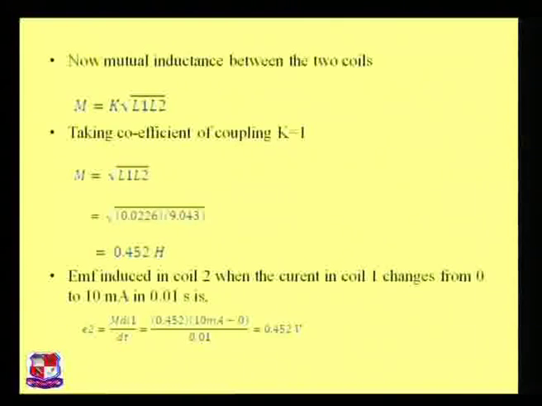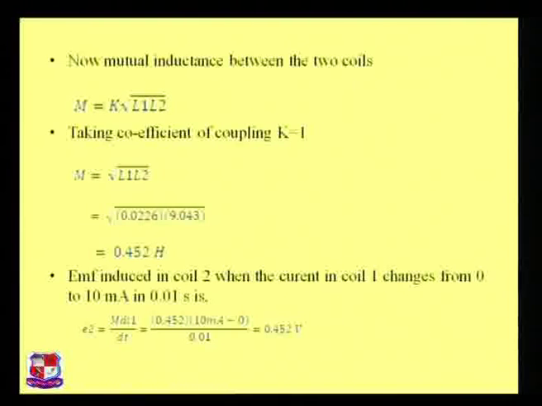Now we have to find the induced EMF. So the induced EMF in coil 2, when the current in coil 1 changes from 0 to 10 milliampere in 0.01 second. So here we have formula E2 is equal to M di1 by dt.